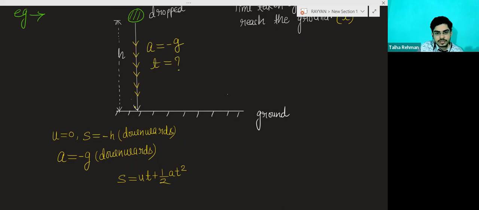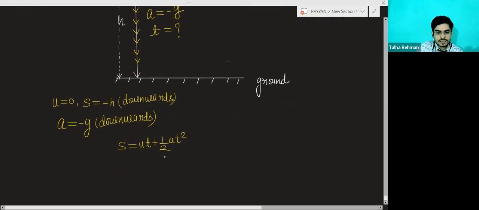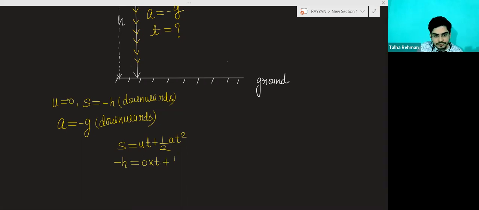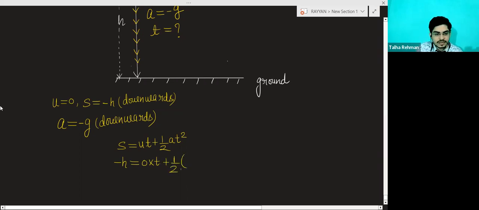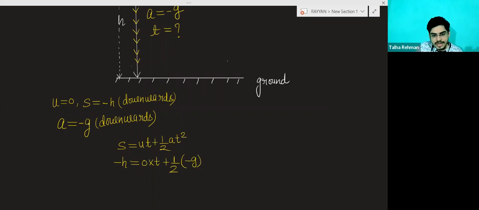So now put the values. Displacement you will put as minus h, initial velocity u is 0, plus half, acceleration minus g, and time t.